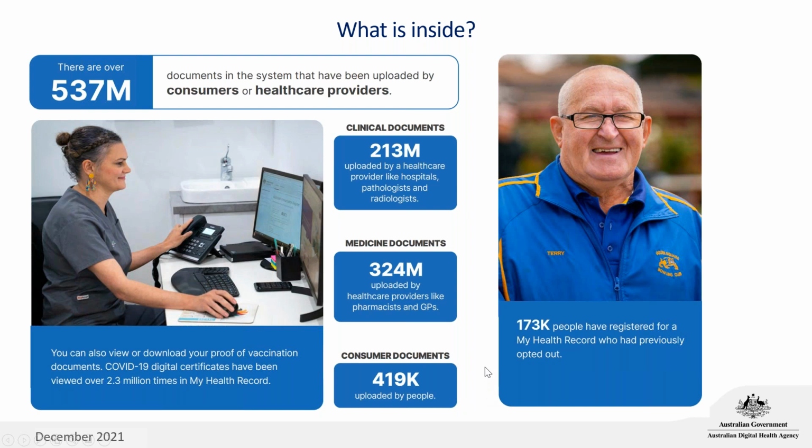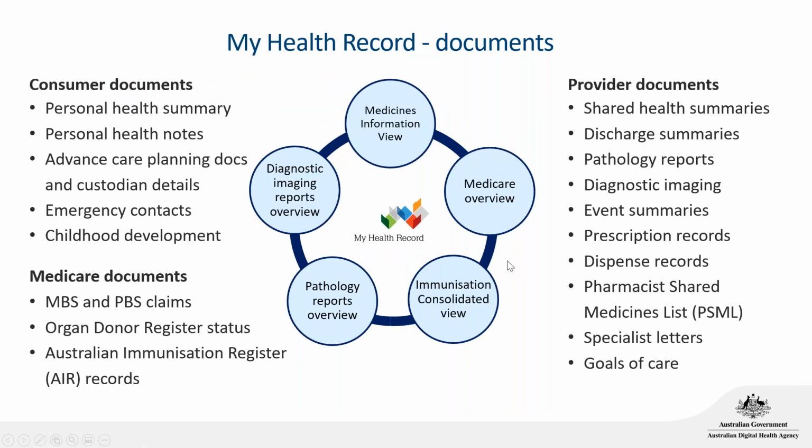So that gives you a bit of an idea, and we have more than 500,000 documents that have already been uploaded. So there's certainly quite a lot of information in the My Health Record for you to find for your patients. Now, this also gives you a summary of all the different types of documents that are available and can be found in the My Health Record system.